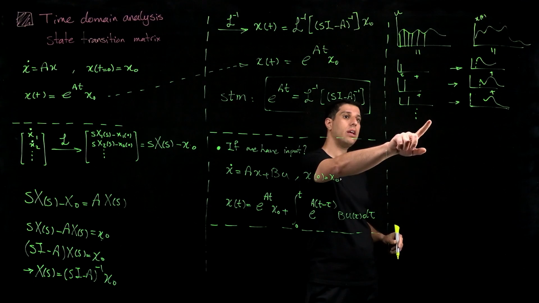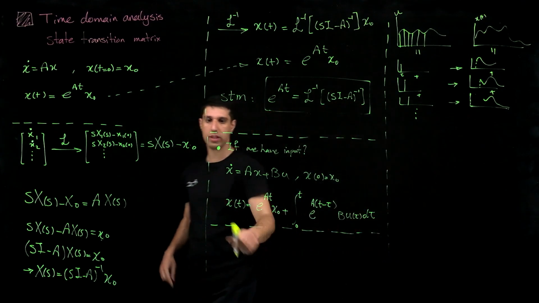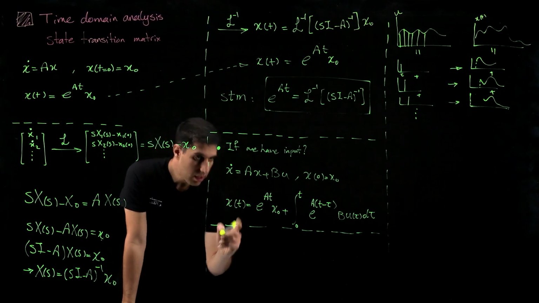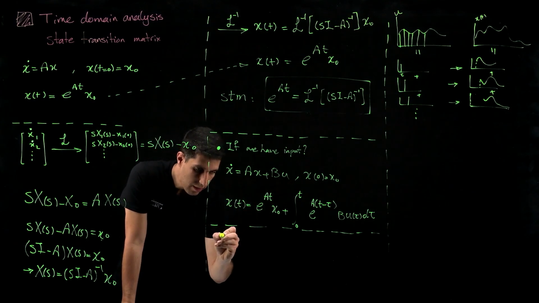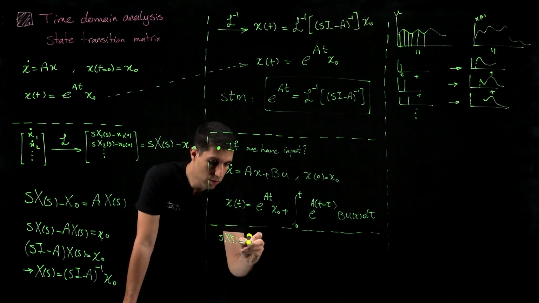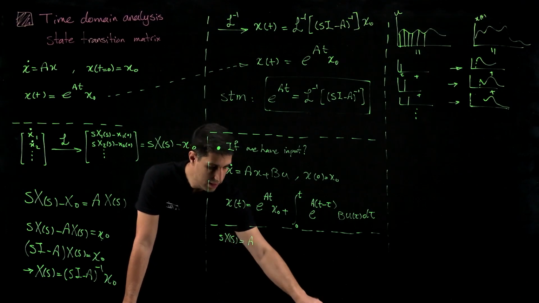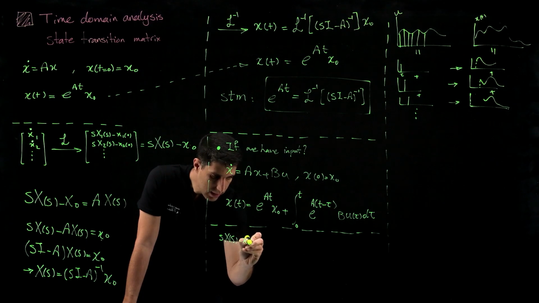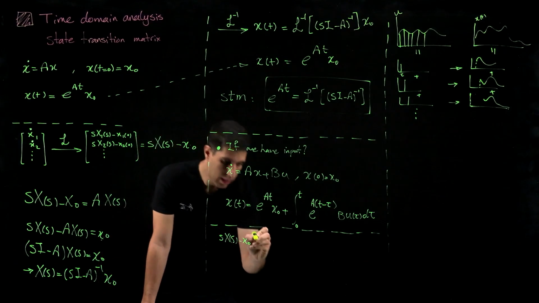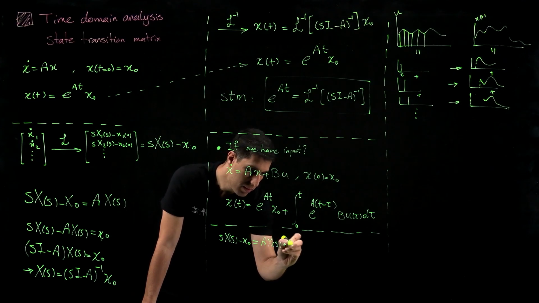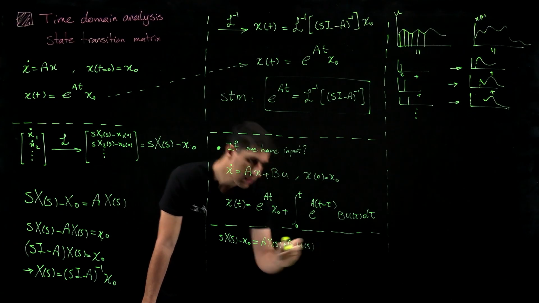And another thing to remember, I left it here to write it down. If I take Laplace of this equation, so I have s x of s, well, let me give it the initial condition, minus x naught equals a x of s plus b u of s.